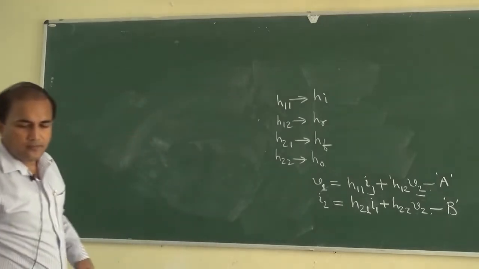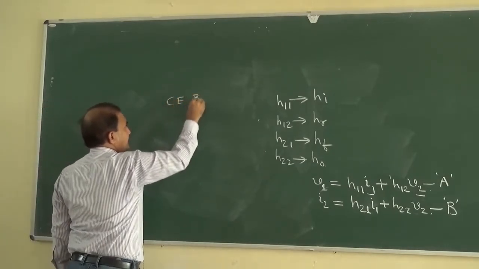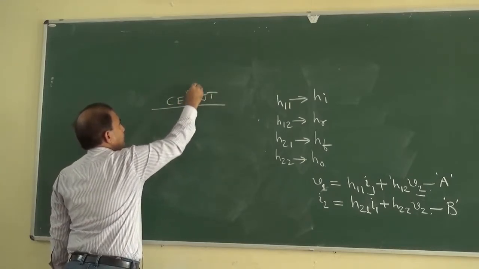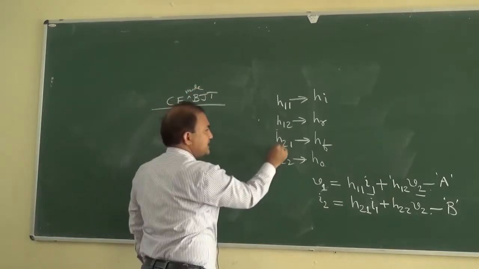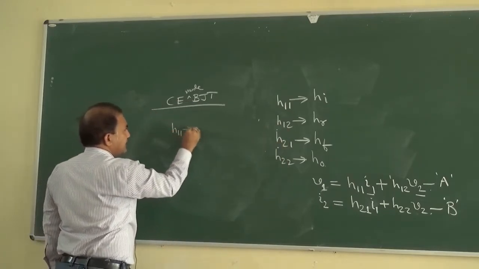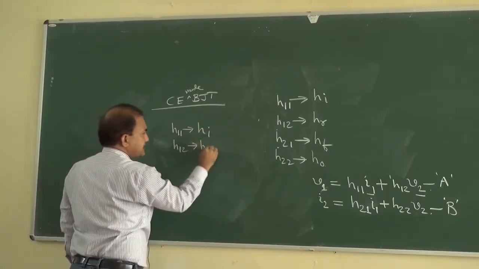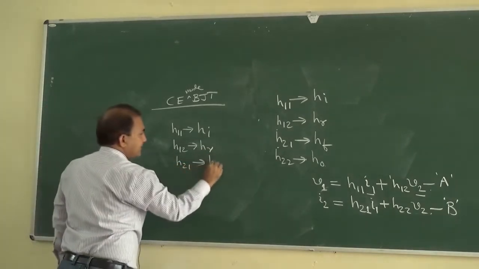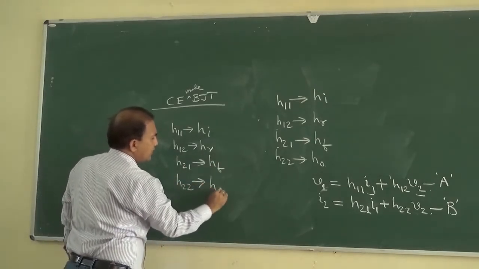So for a common emitter mode BJT, how we can represent H11, H12, H21 and H22? H11 it is represented by Hi, H12 it can be represented by Hr, H21 we can represent it by Hf. Similarly, H22 we can represent it by Ho.